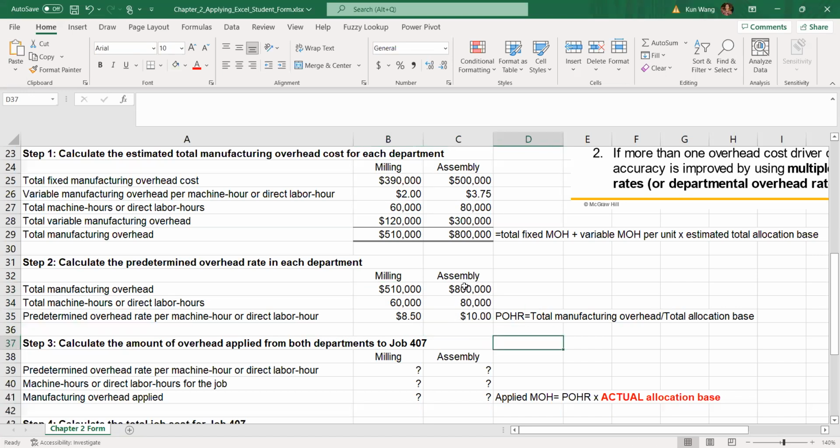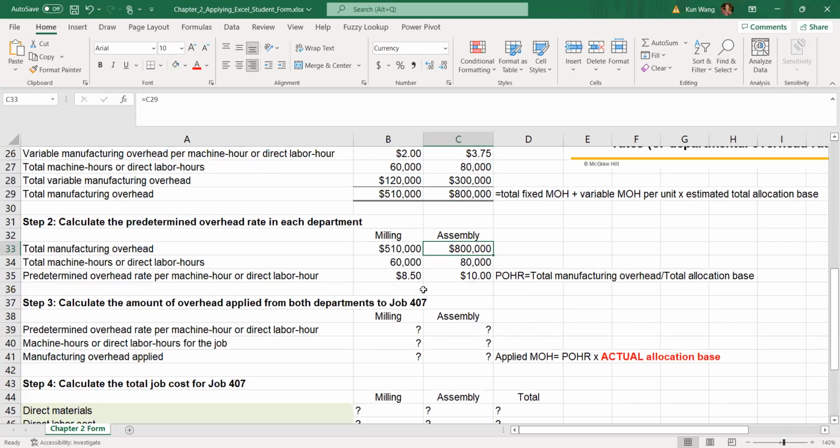So you got the calculation done. If you want to double check, that's fine: total manufacture overhead, the total direct labor hours, the allocation base, and the overhead rate. But this is again the estimated rate. So 850 and 10 for the two departments separately.